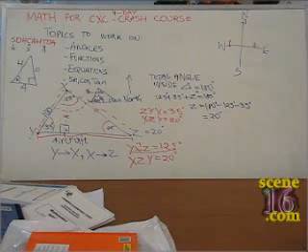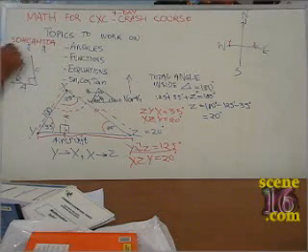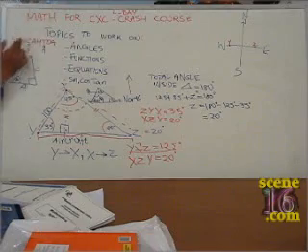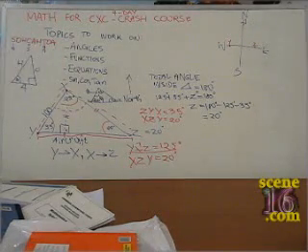So we rationalize cosine as adjacent over hypotenuse, because in SOHCAHTOA tangent is opposite over adjacent, cosine is adjacent over hypotenuse, and sine is opposite over hypotenuse.